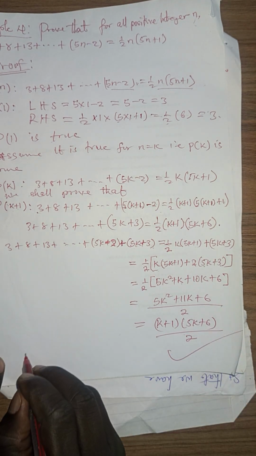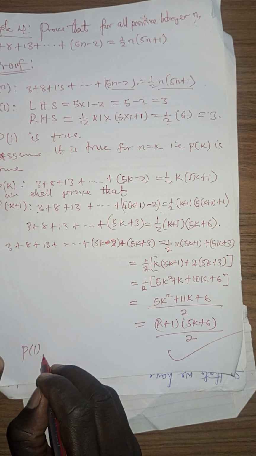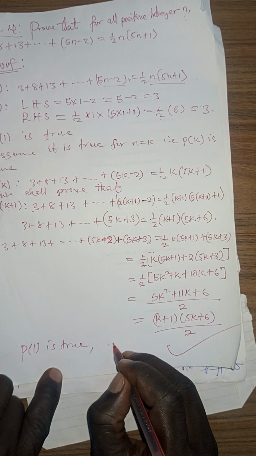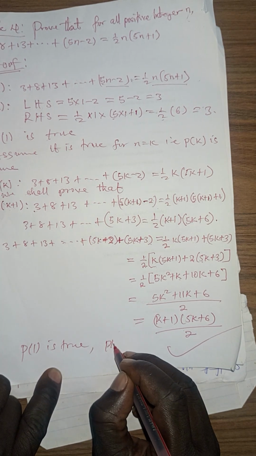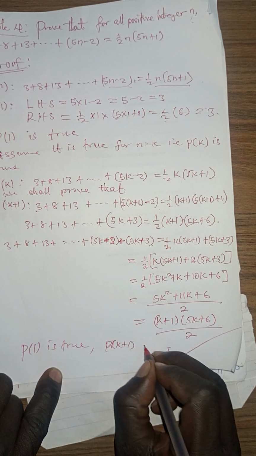Since it is true for n equals 1, p of 1 is true, and we also know that p of k is true, which we assumed, and we know p of k plus 1 is true.